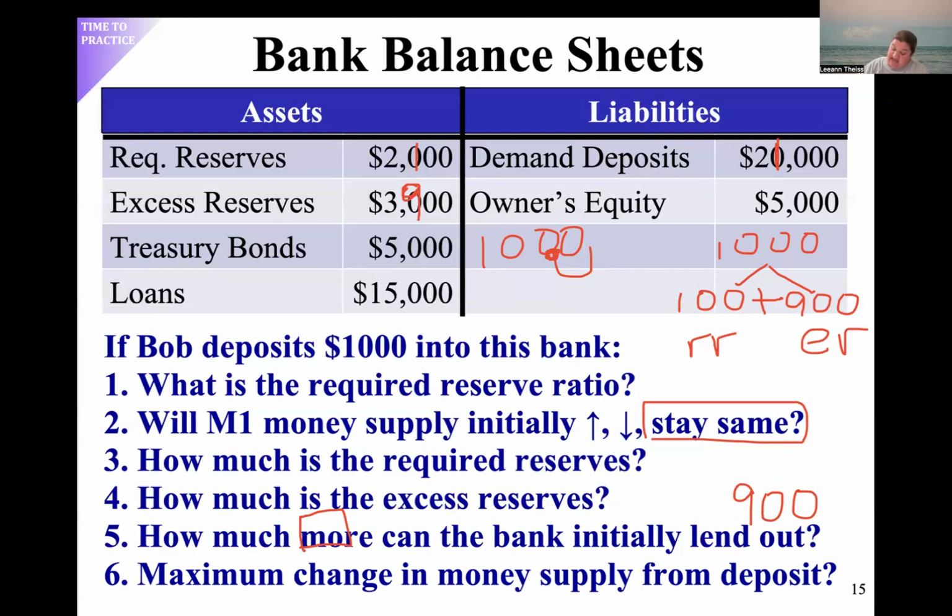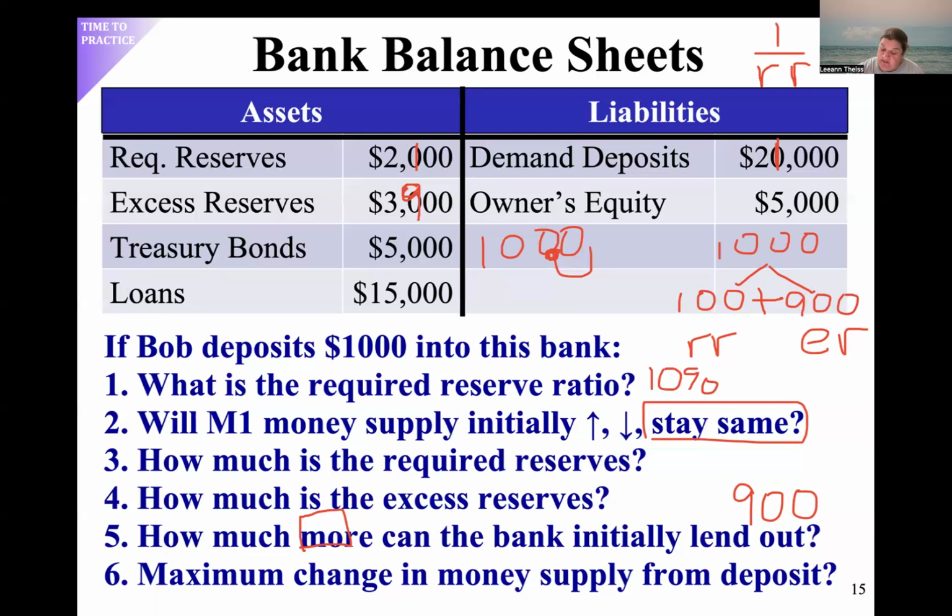We already said that the required reserve ratio is 10%. So if we're going to calculate the maximum change to the money supply, we need to calculate the money multiplier. And we know that the money multiplier is 1 over the reserve requirement. So the reserve requirement in this case is 10%.